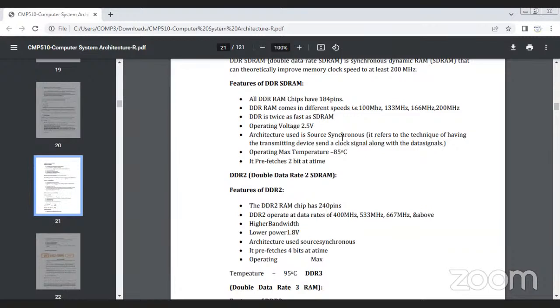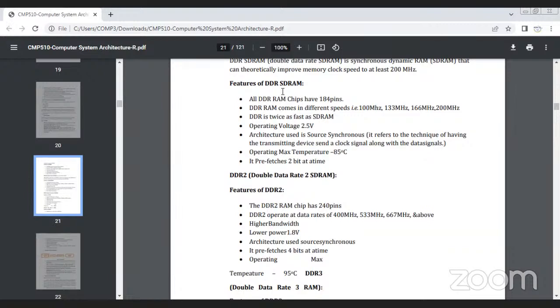DDR is twice as fast as SDRAM, and DDR2 has higher bandwidth, means double faster than DDR1. Voltage requirement is 2.5, and in DDR2 there is a 1.8 voltage requirement.